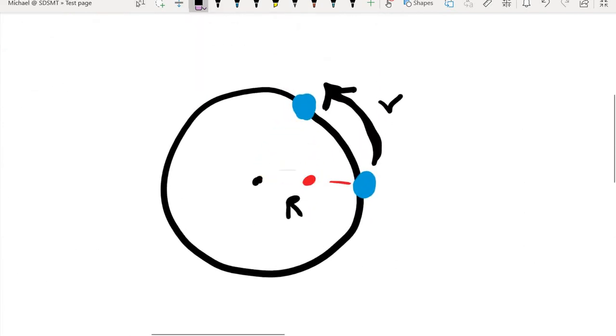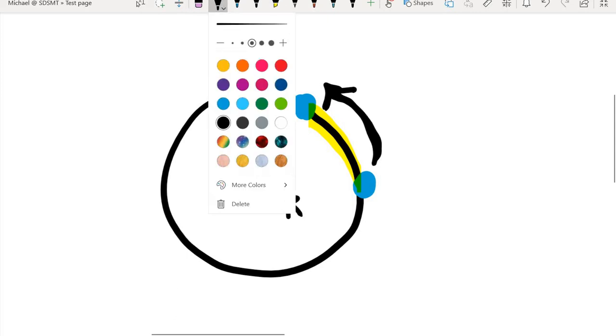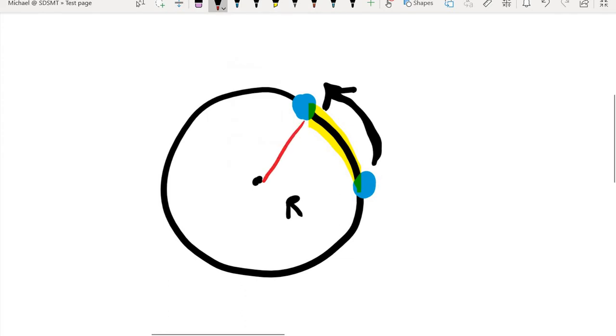The blue dot that I have right here on the circle is going to be displacing, and as it does so, there is a certain length or displacement that we physically cover, but that displacement is also tied in directly with the radius of the circle and the angle that we sweep through as we cover that displacement.